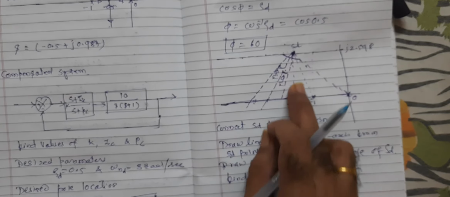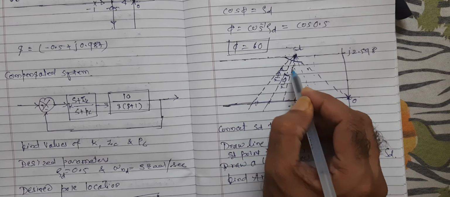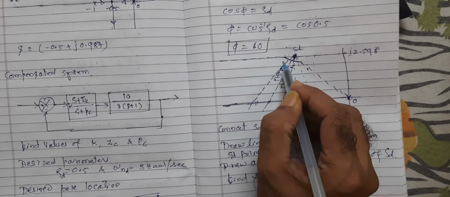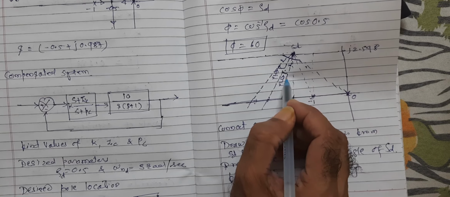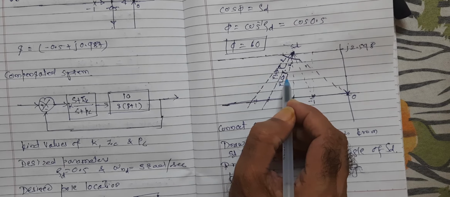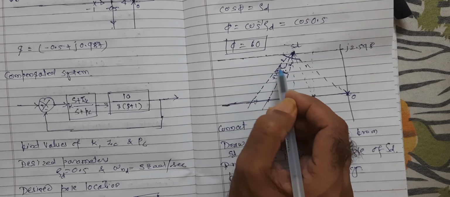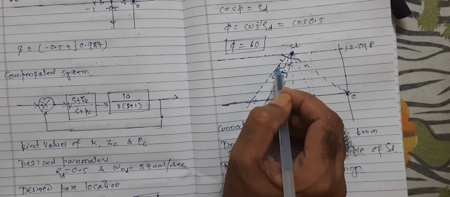That means the angle from this line to this line is 42. From the bisector line, we draw the line at an angle of 22 degrees, and with respect to these lines we draw the line at 22 degrees, and extend it up to the x-axis.